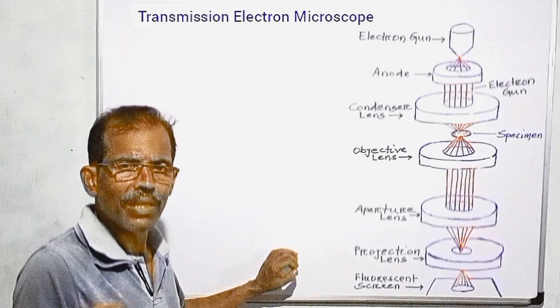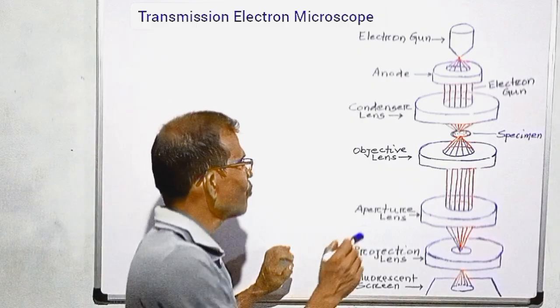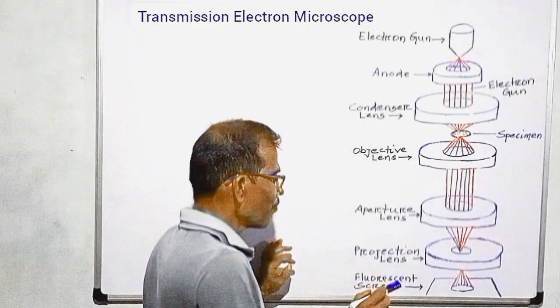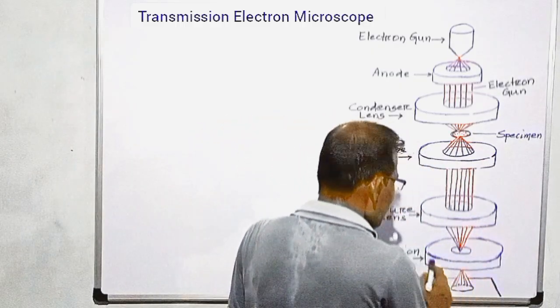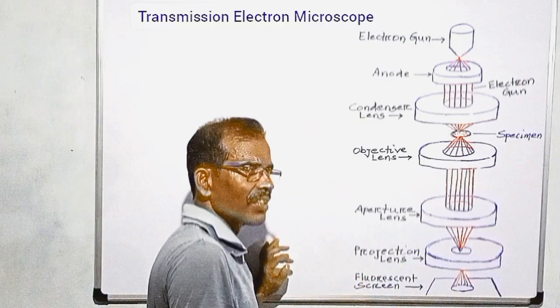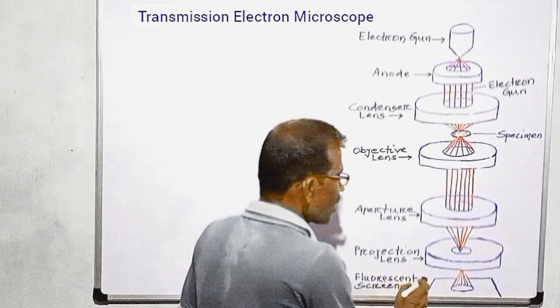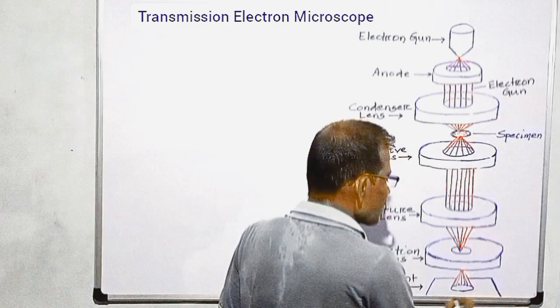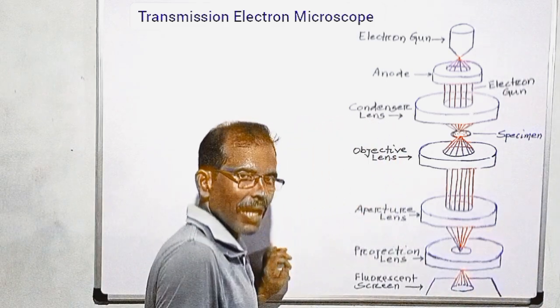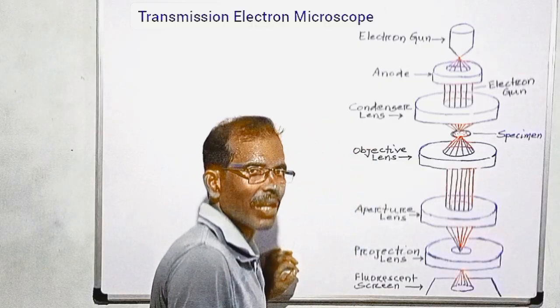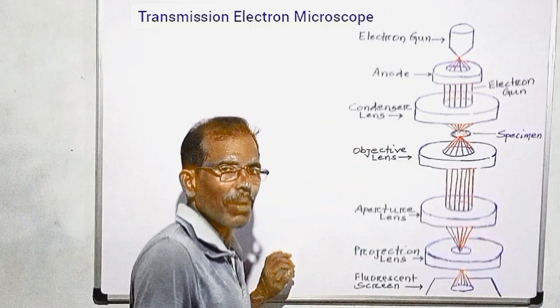The intermediate image formed by the objective is further magnified by the projection lens, which forms the final magnified image, which is then focused on a fluorescent screen. In addition to this, the image can also be recorded by a suitable camera.